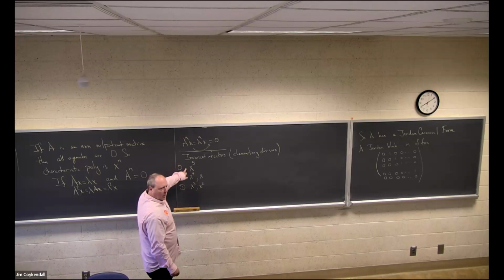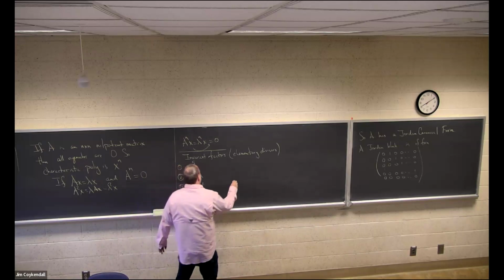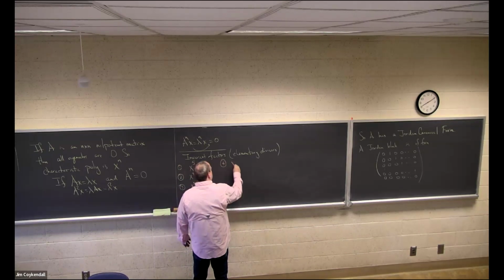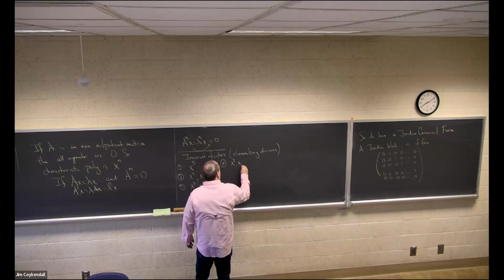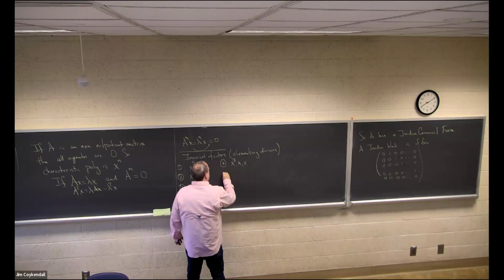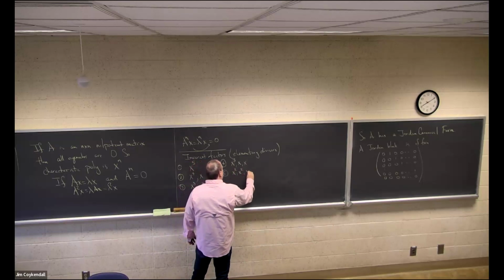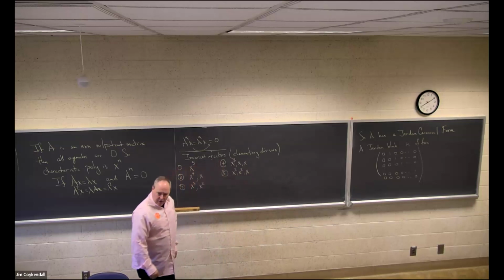That's the only way to do it with one. These appear to be the only ways to do it with two. Let's see, I can do three. I can do x^2, x, x.